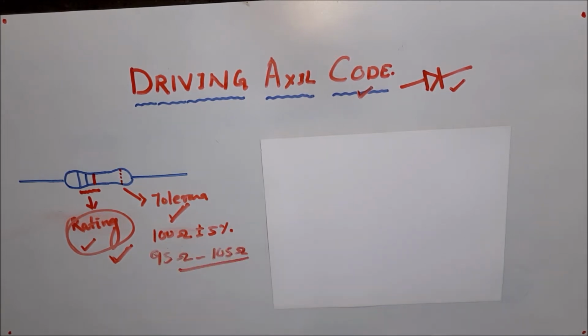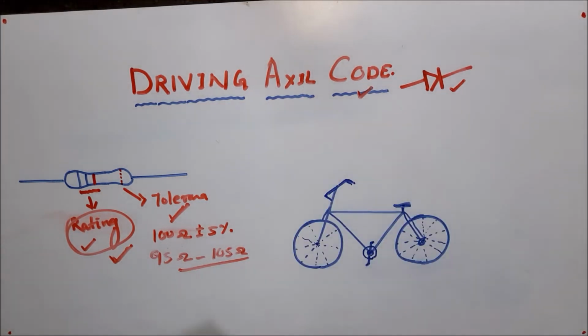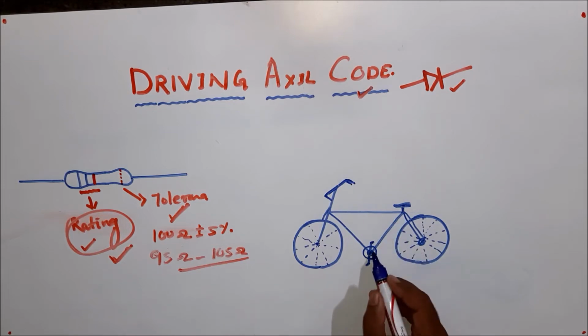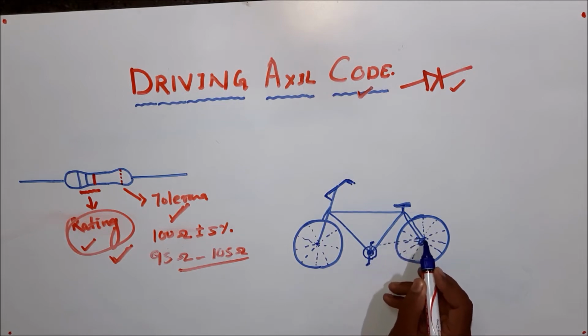Many times I told you about the driving axle. Driving axles are nothing but the axles which are coupled to the motor. Let me take a beautiful example of a cycle, because you know everything about a cycle. You know that the front wheel is a dummy wheel, because your pedal is here and the pedal is connected through a chain to the back wheel.